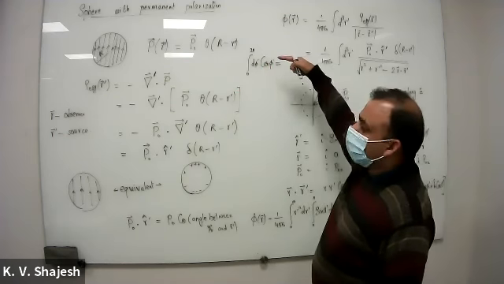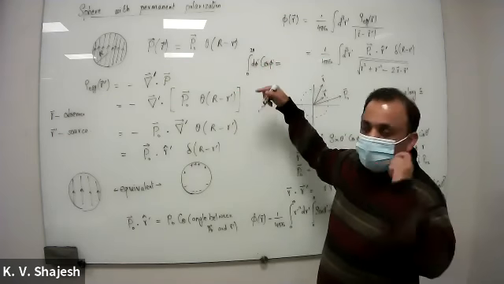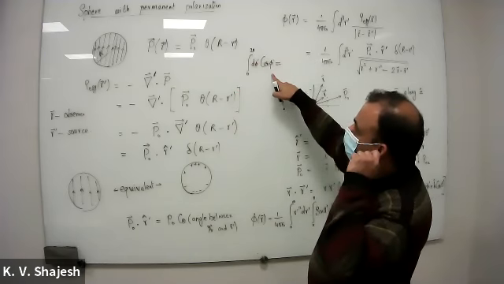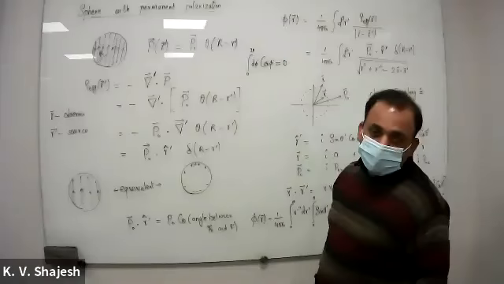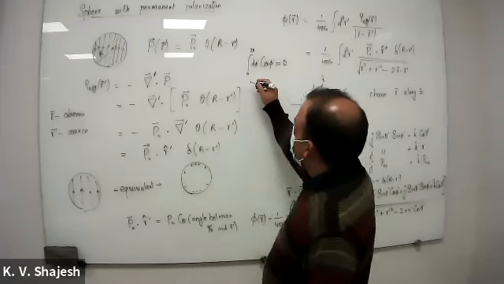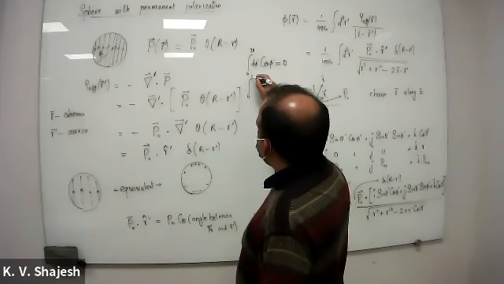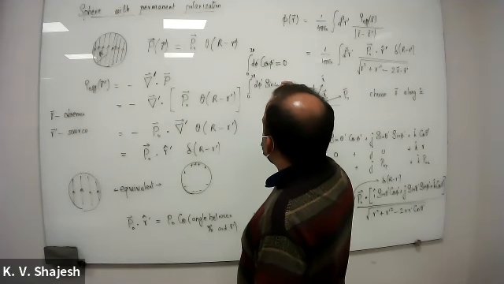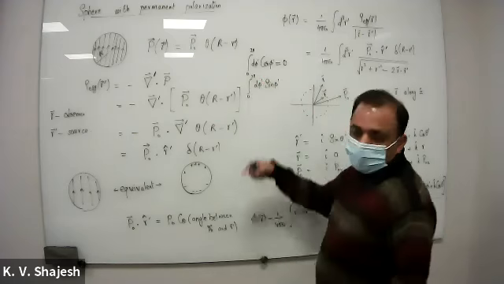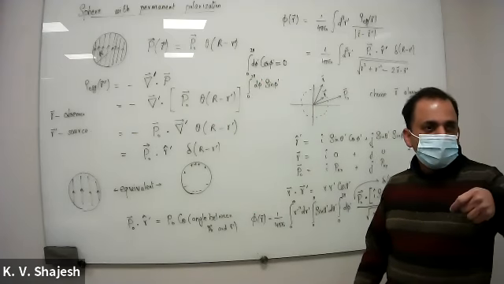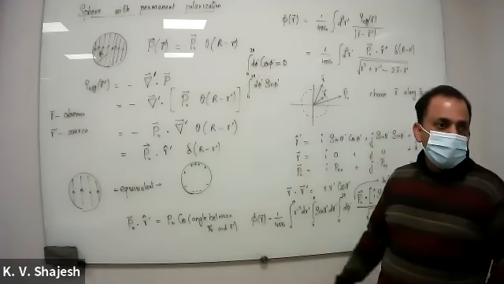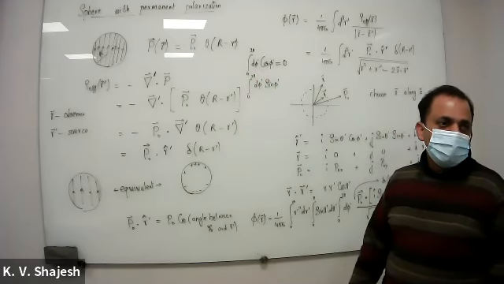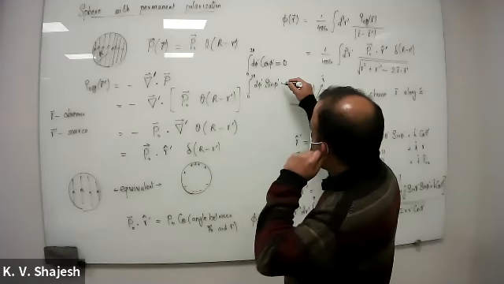The upper half plane and lower half cancel out, or you can say this is sine of phi evaluated at 0 and 2 pi. So that's equal to 0. And the same thing with the integral from 0 to 2 pi of d phi prime sine of phi prime. This is minus cosine of phi prime from 0 to 2 pi, one is 1, the other one is also 1, so 1 minus 1 is 0, right? So that's equal to 0.